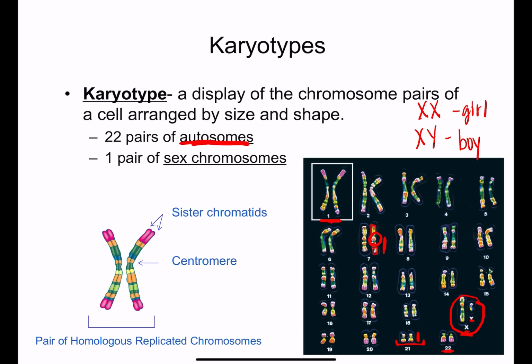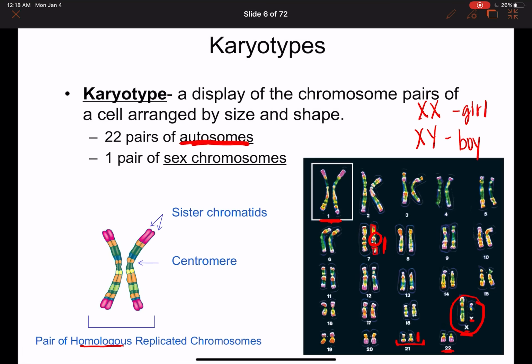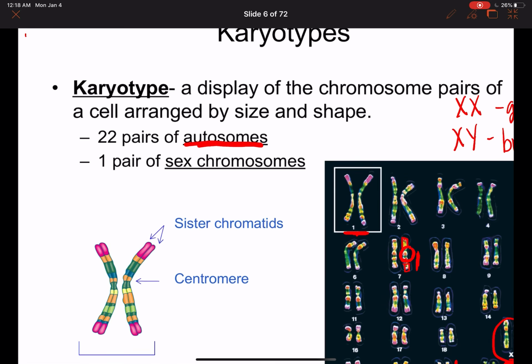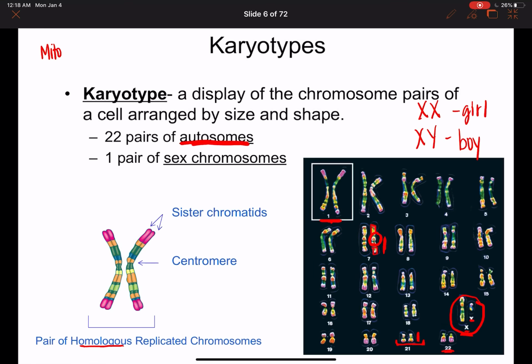So what we see here in this karyotype is we have a replicated homologous chromosome. We're going to talk about what that word homologous means in just a minute. But this is a replicated chromosome. So let's go back to the diagram that I'd kind of started a while ago of mitosis and meiosis.